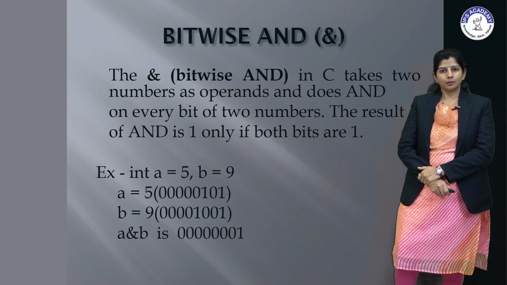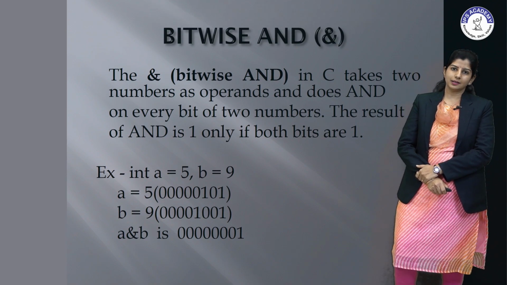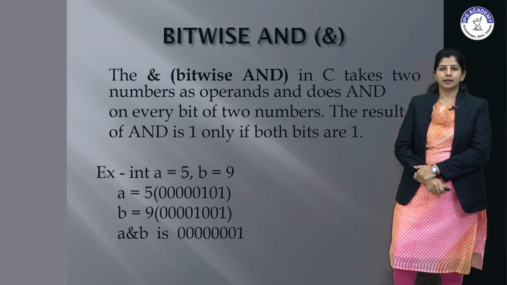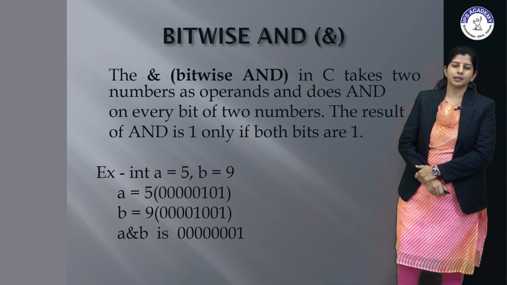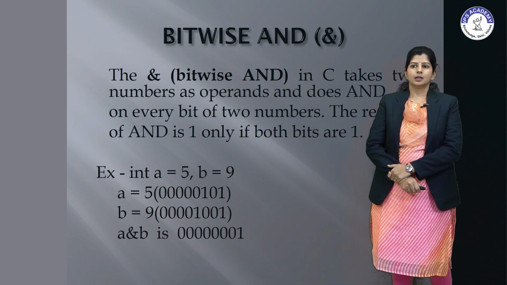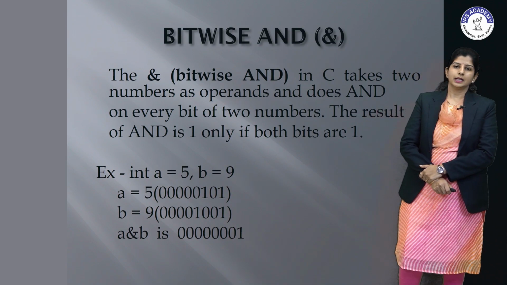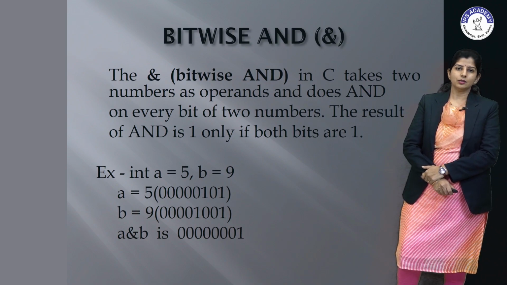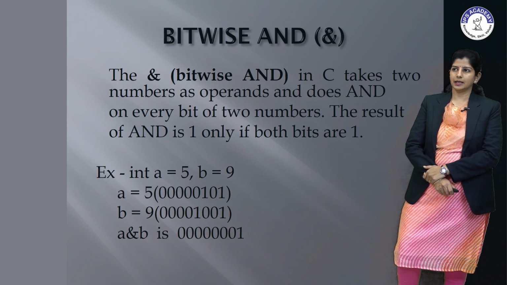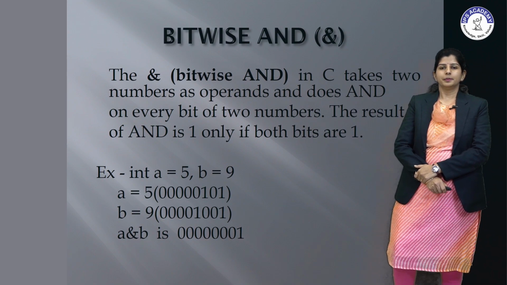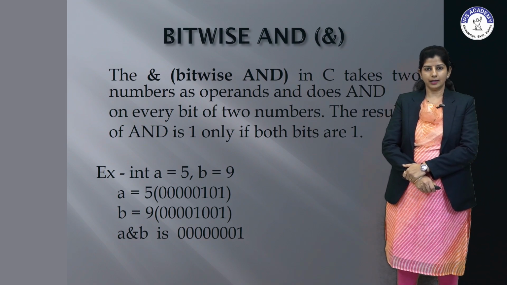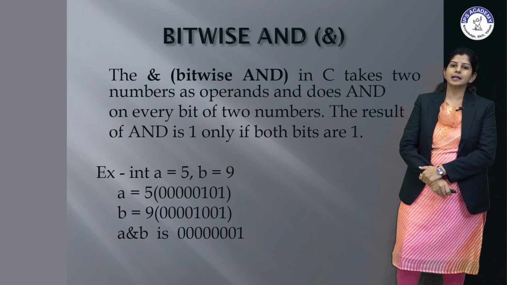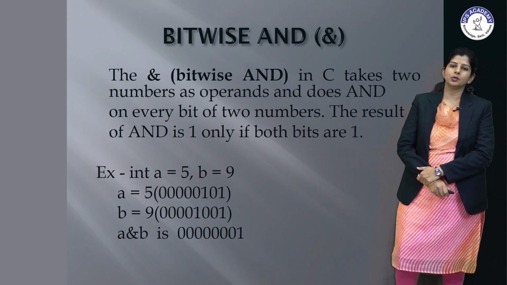The bitwise operator is again categorized into different types. The first bitwise operator is the AND operator. Now we have to notice that in the logical AND operator we use two ampersands, but in the bitwise operator we use a single AND, which I am using over here.